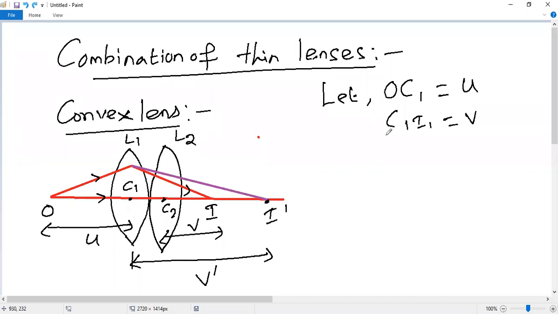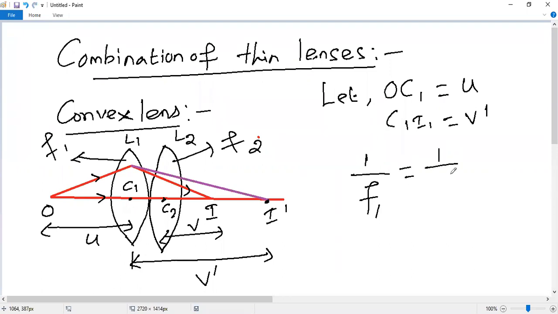Now we know the lens formula. What is the lens formula? For this lens, the focal length is f1, and for the other lens, the focal length is f2. 1 by f1 equal to 1 by v minus 1 by u. This is equation number 1. Now, I dash is the image.